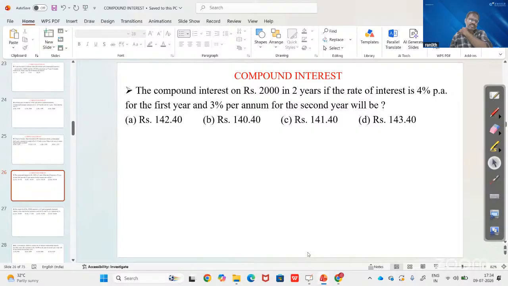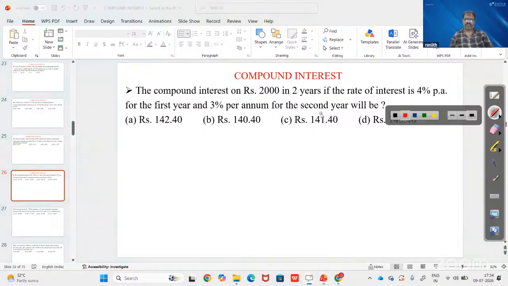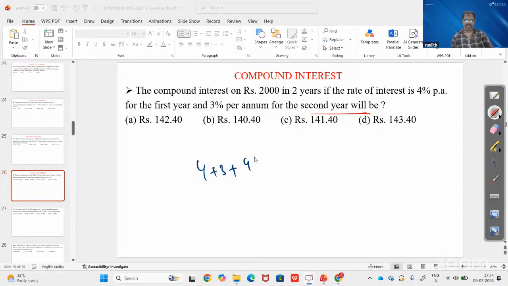Compound interest on a certain amount 2000 for 2 years, rate of interest is 4% and 3% per annum. So for the second year, the answer will be equal to the net effective rate of successive percentage change. 4 plus 3 plus 4 into 3 by 100 will be equal to 7.12 percentage. 7.12% of 2000.